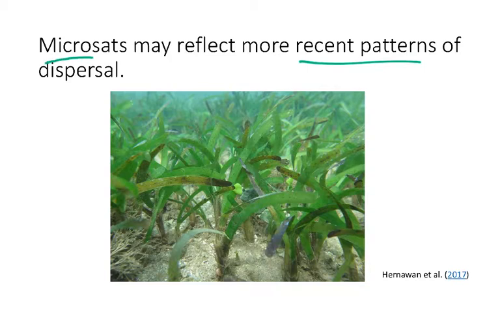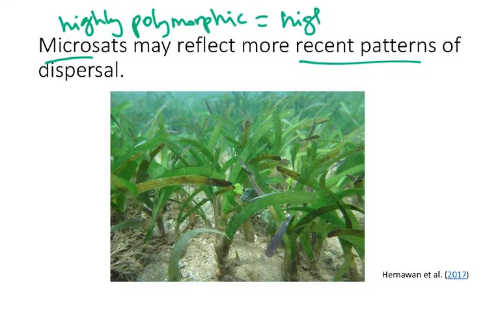So remember, microsatellites we've talked about previously are highly polymorphic, which means they have a high mutation rate. And so because of that, we've talked about previously how microsatellites are really good for differentiating individuals of the same species.